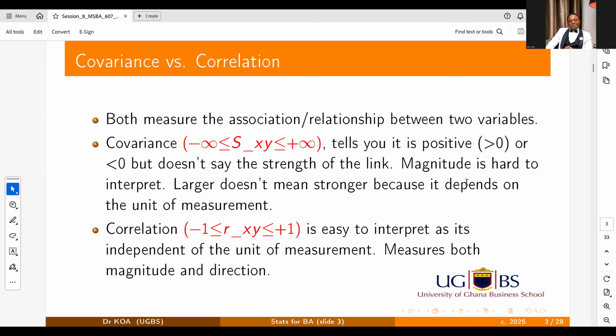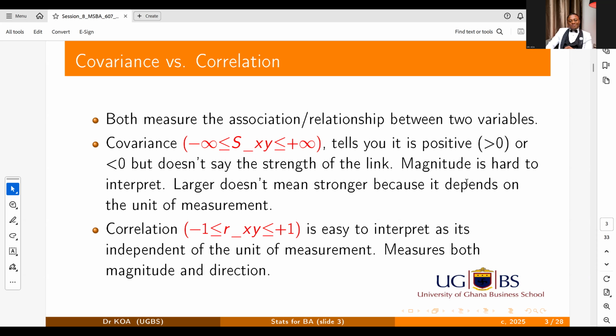Correlation and covariance, both of them look at association between two variables. The only difference is that covariance, the value is from negative infinity to positive infinity. But correlation, the range is from -1 to +1.